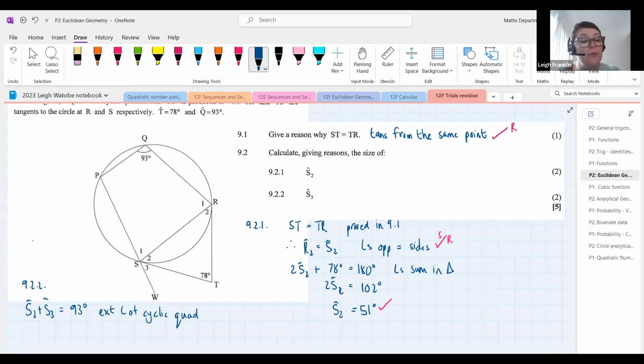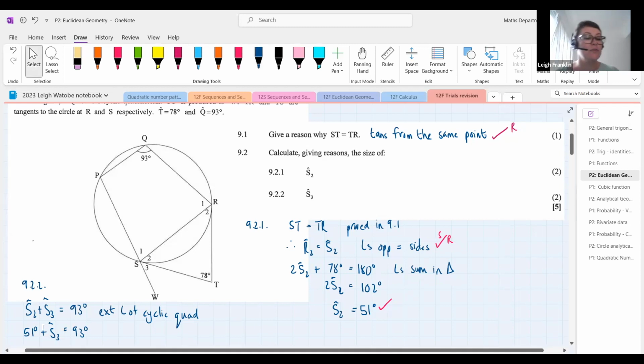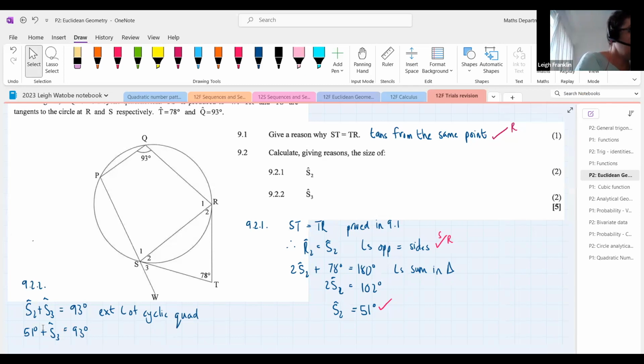And if S2 is 51, then as Nhlanhla said, S3 would be the difference between Q and S2. So now we've got 93 minus 51, which leaves us with 42, as you guys are saying.